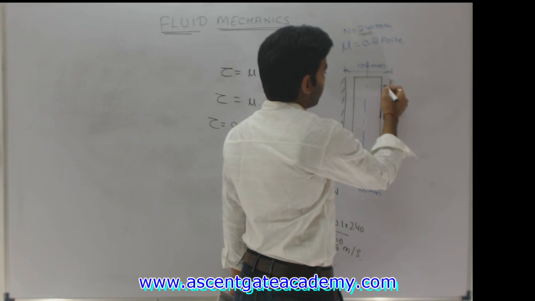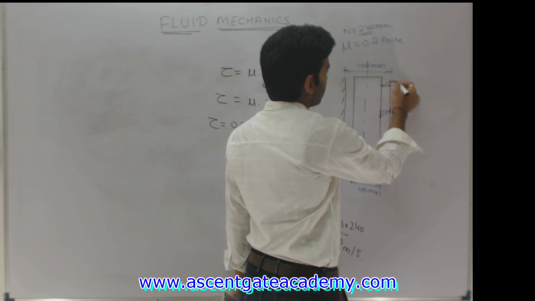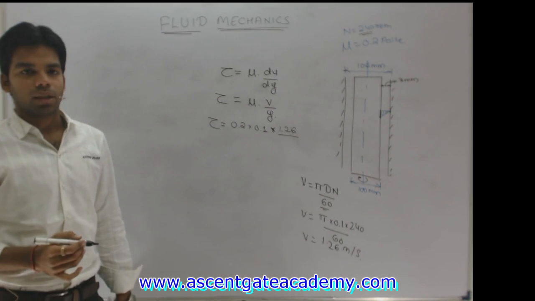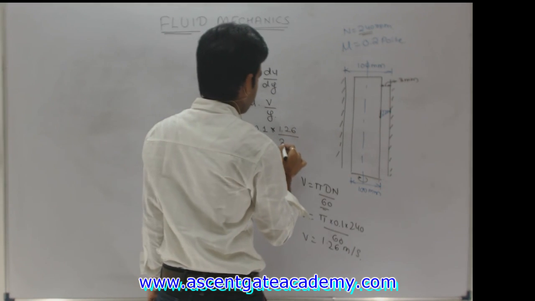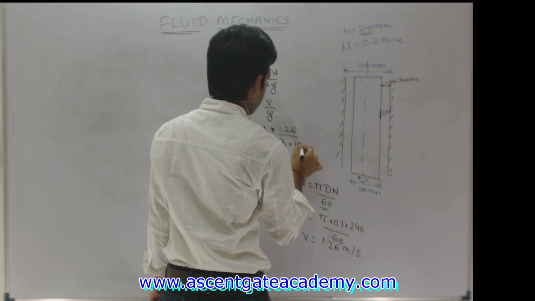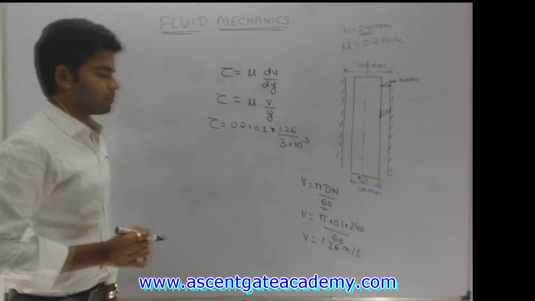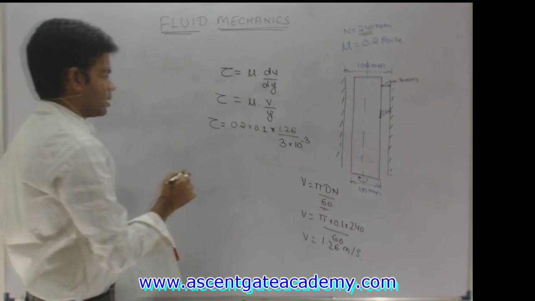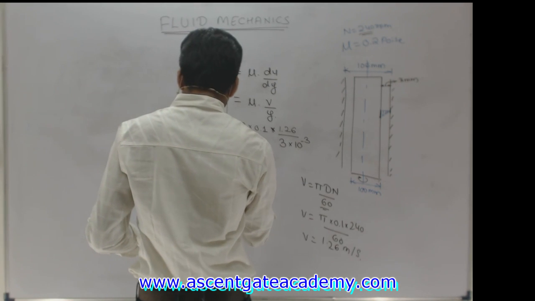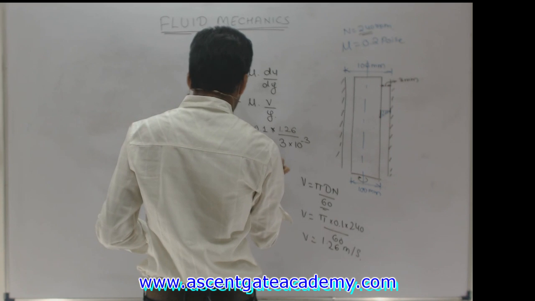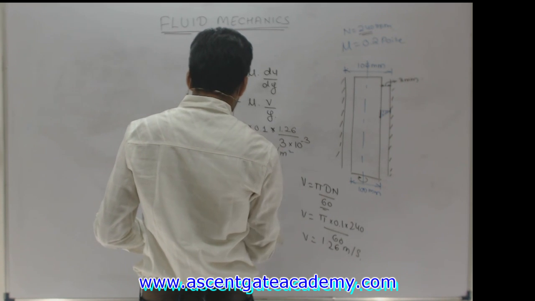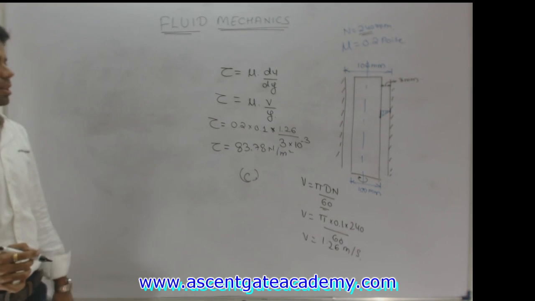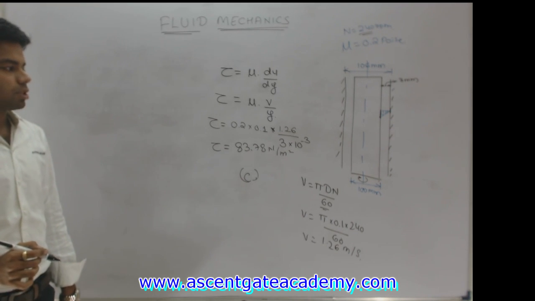The gap on one side is nothing but 3 mm, which in meters is 3 into 10 to the power minus 3. So from here the shear stress tau will be equal to 83.78 Newton per meter square, so the answer is C, 83.8 Newton per meter square. This is the first part of the question.